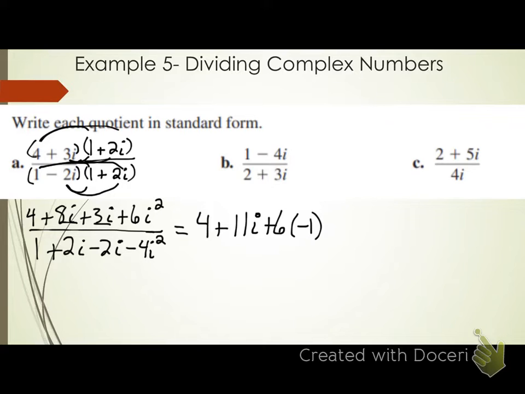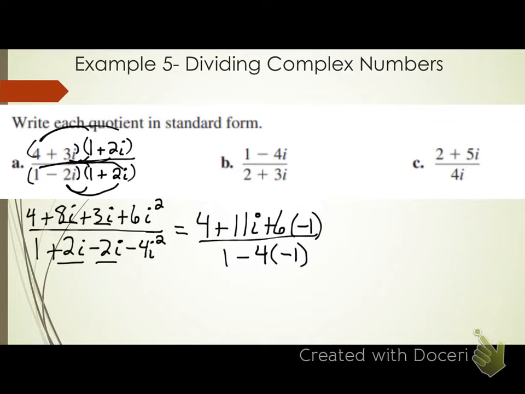Negative 1. In the denominator, what are my like terms? 2i and negative 2i. What do I get when I combine those? 0. They cancel out, right? They go away. And then what is i squared? Negative 1. Everyone okay with that next step?